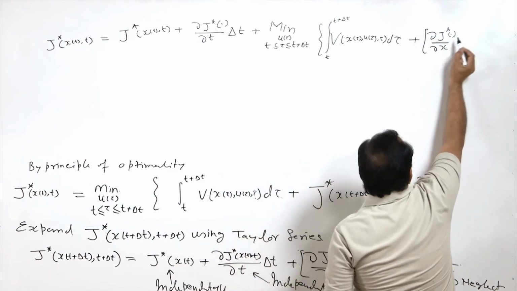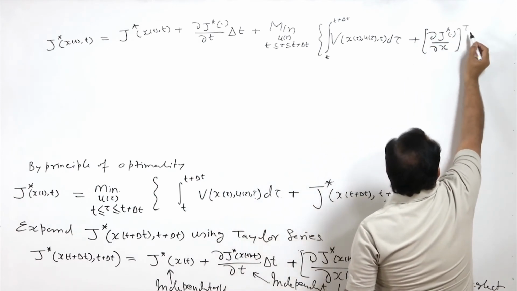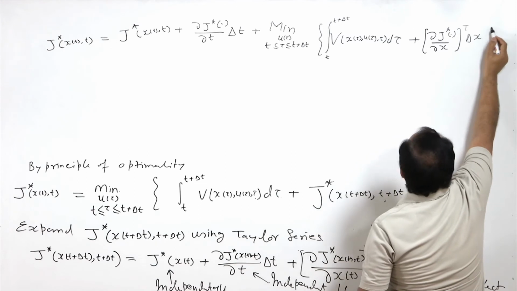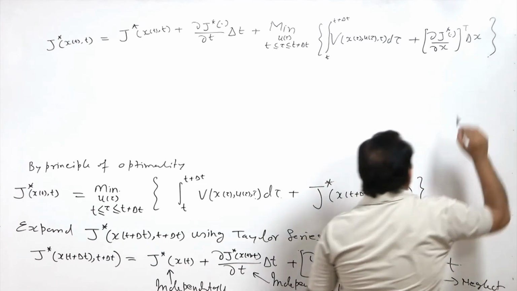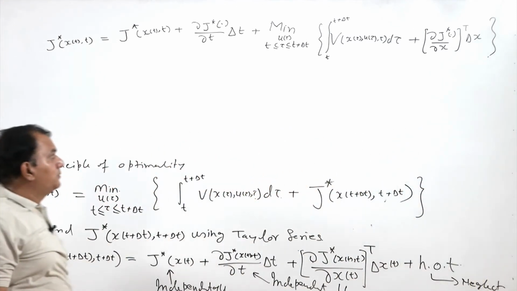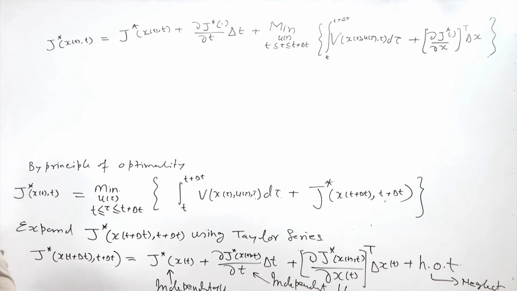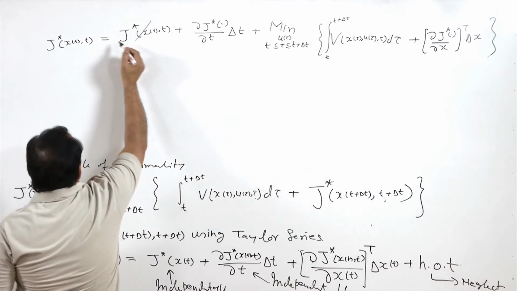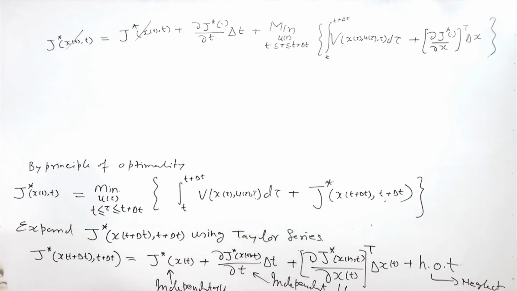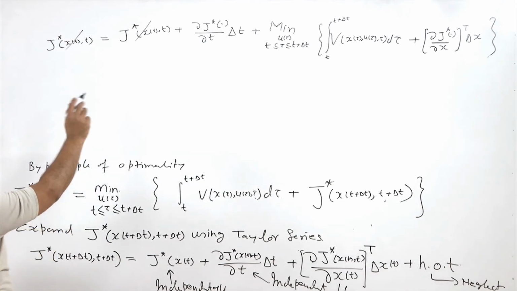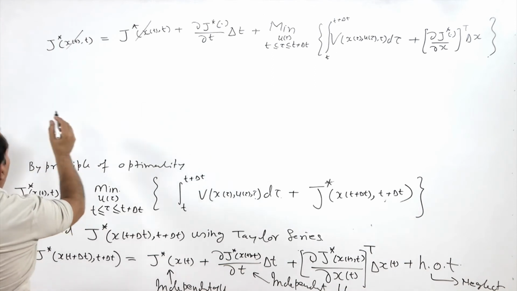So, this is transpose Δx, and the higher terms have already been neglected. So, in this equation these two will cancel out. So, this will be 0.